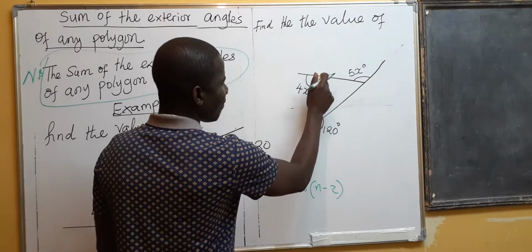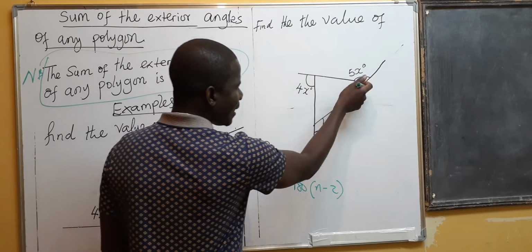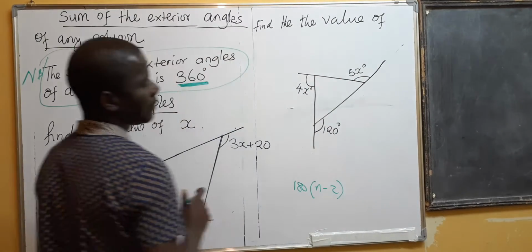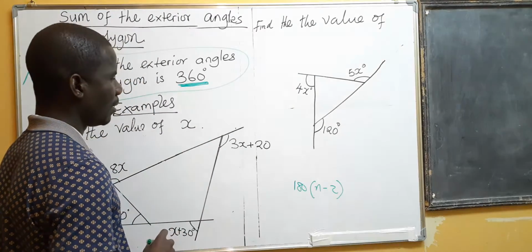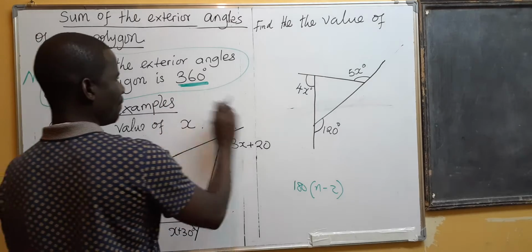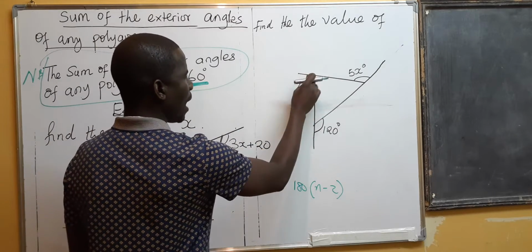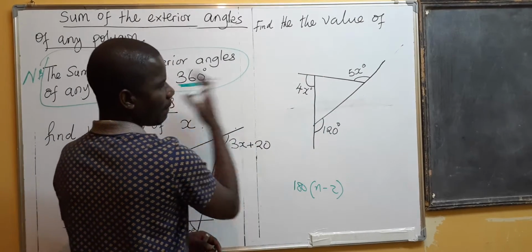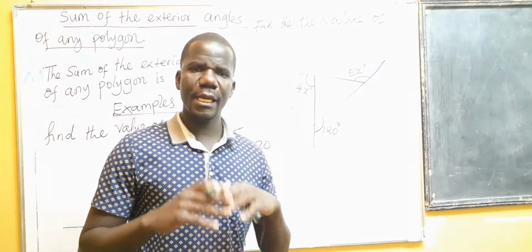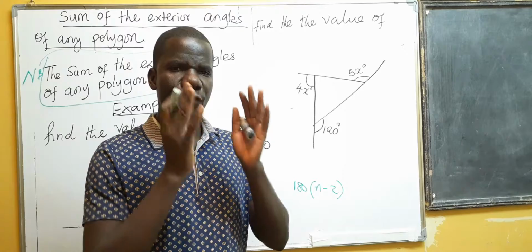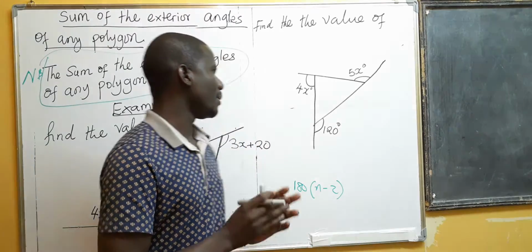We have the interior angles inside and then the exterior angles are outside. This is an exterior angle here. It's outside the triangle. Now we are saying the sum of the exterior angles of any polygon is what?